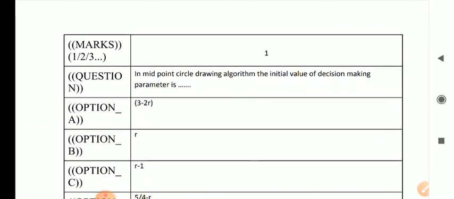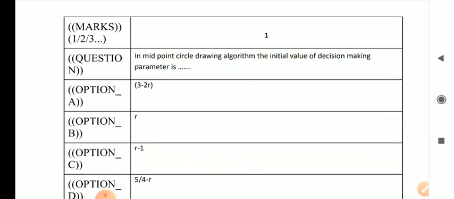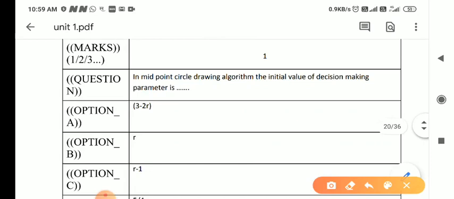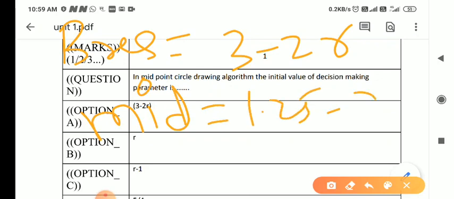In the midpoint circle drawing algorithm, the initial value of the decision making parameter is, now we know that there are two circle drawing algorithms. One is BRESENHAM's circle drawing, and the other is midpoint circle drawing. For BRESENHAM's, the initial parameter is 3 minus 2r, and for midpoint the initial parameter is 1.25 minus r, or we can say this is 5 by 4 minus r.